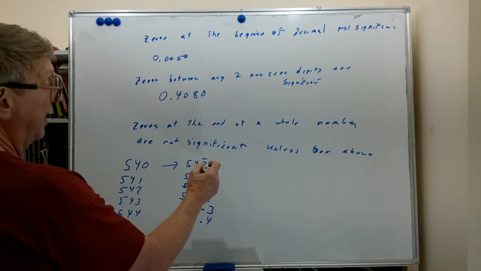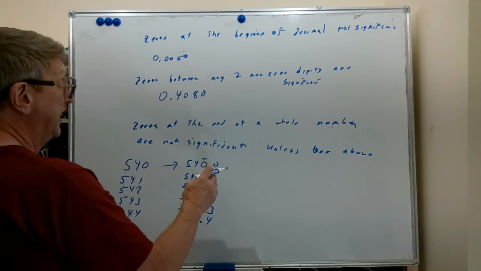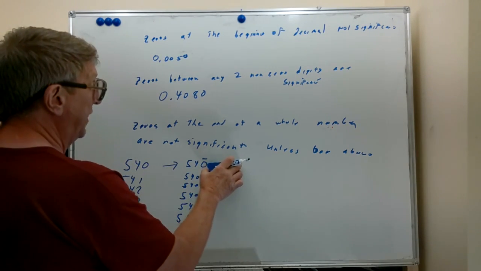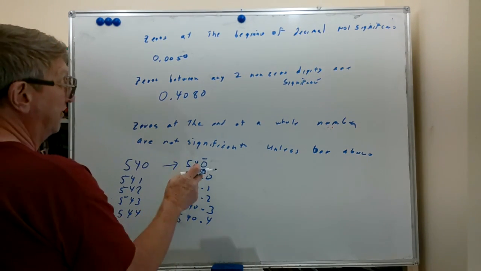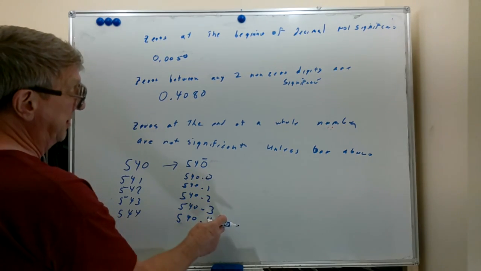So if there was a number added to the right of the decimal point there, it could be anything from 0 to 4. So when we see this written this way and we know it was rounded to 3 significant digits, it could have come from any one of these numbers.